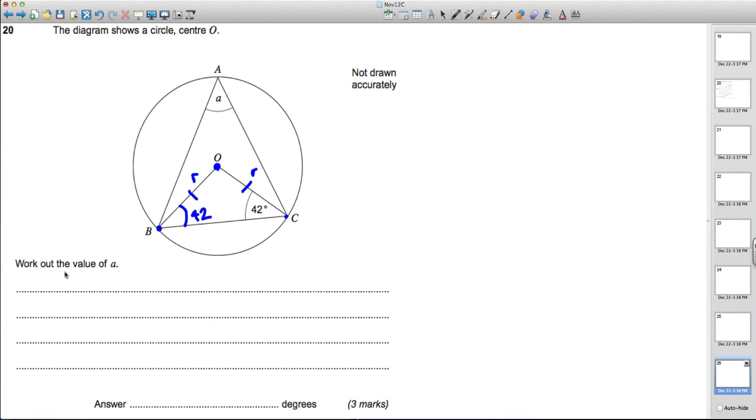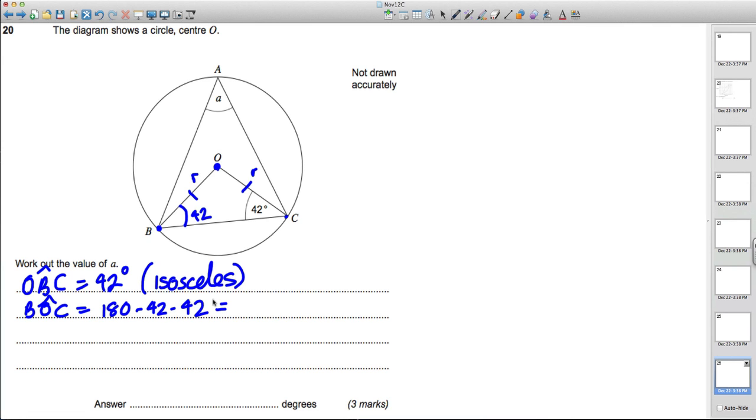So you could state that angle OBC, the angle at B, is 42, and you should state it's because it's isosceles. Therefore angle, let's say BOC, where O is in the middle, must be 180, subtract 42, subtract 42, which is equal to 96.